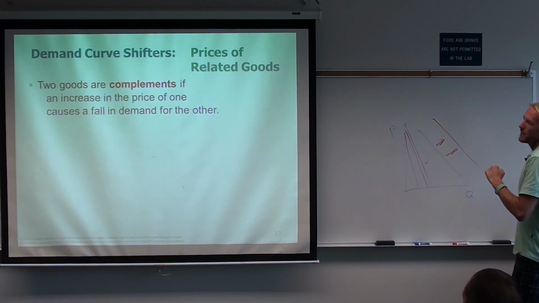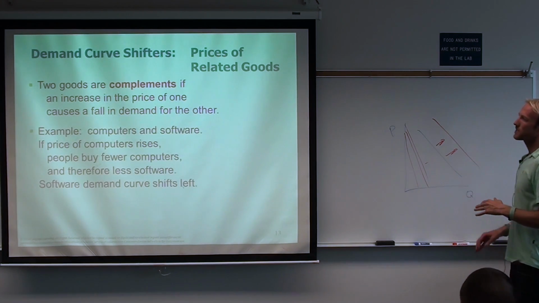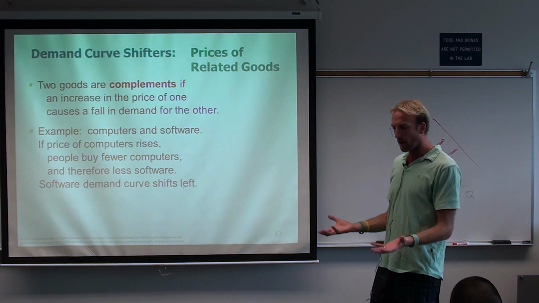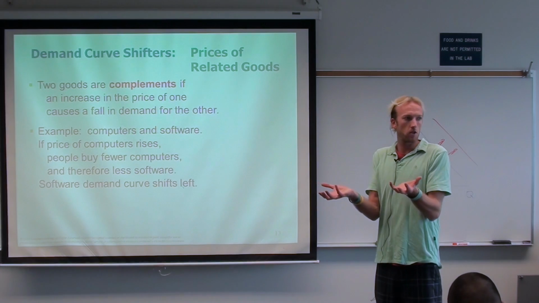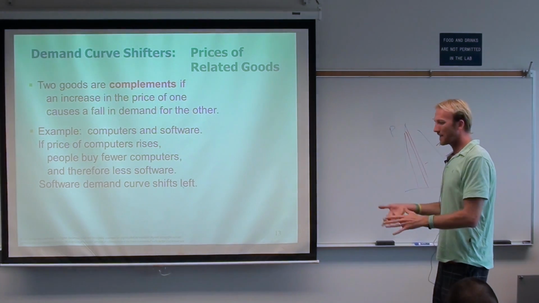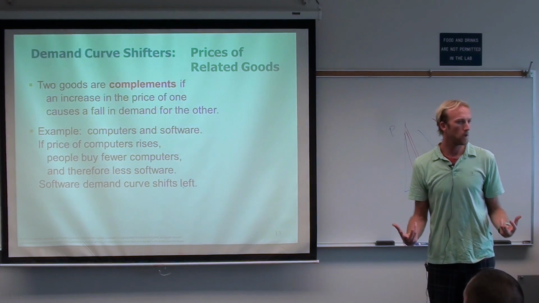Okay. Now these things are complements. It is kind of the opposite of a substitute. It's something you have to buy with the good you're buying, right? So maybe in your lattes, you like to have whipped cream on top or something like that. So you have to buy whipped cream and lattes, right?